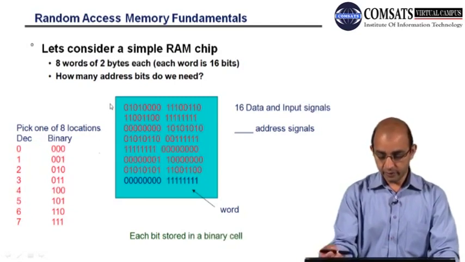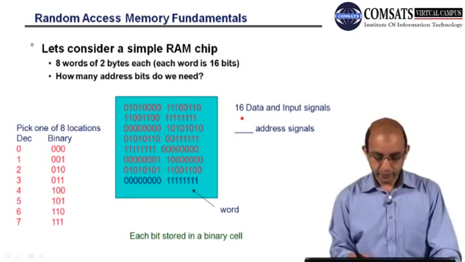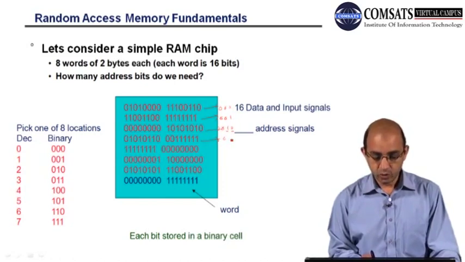So what I will be having is 0, 0, 0 for this, 0, 0, 1 for this, 0, 1, 0 for this location, the address is 0, 1, 1.